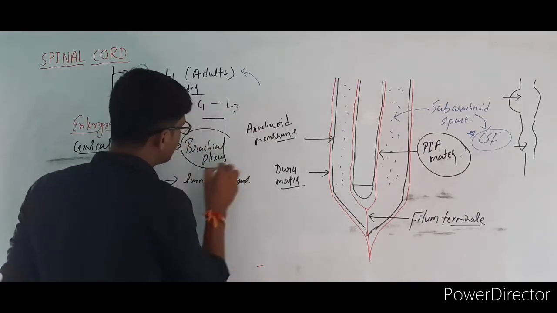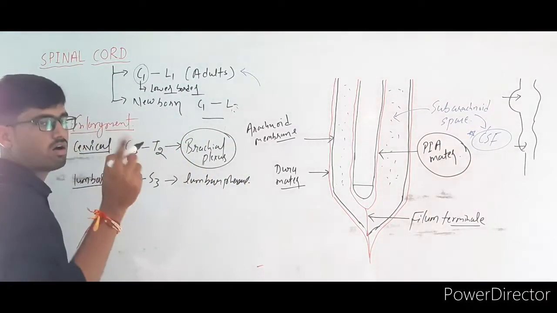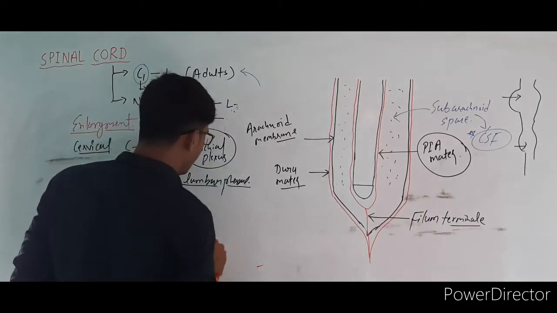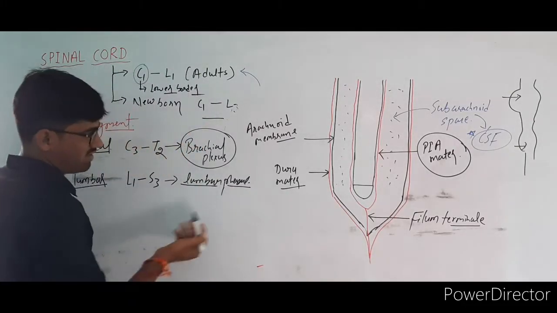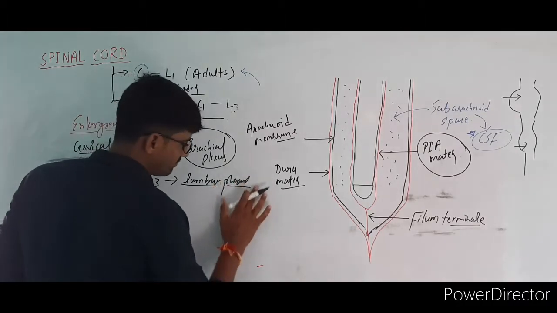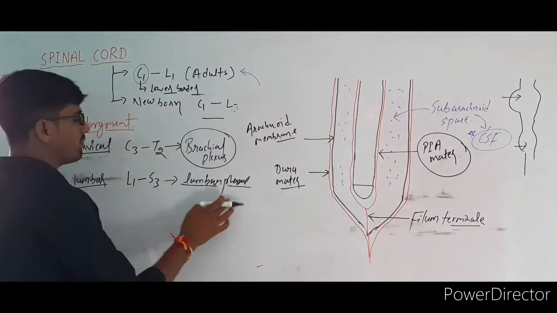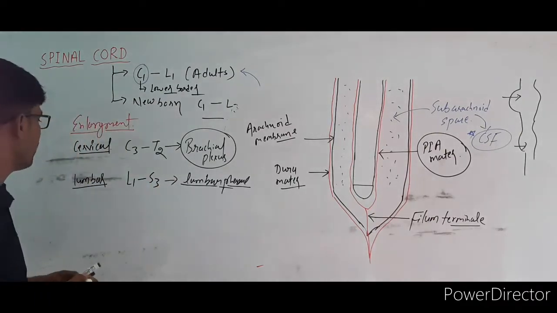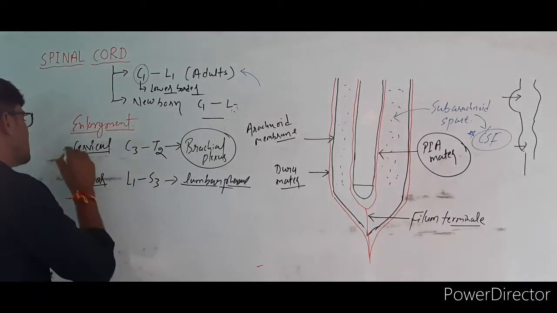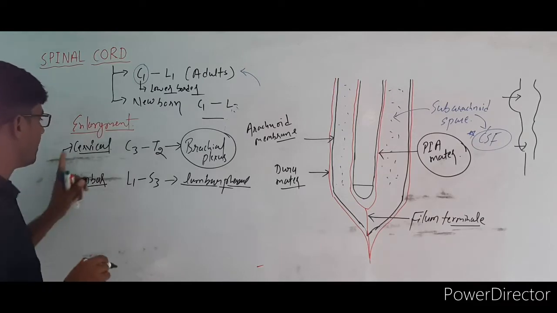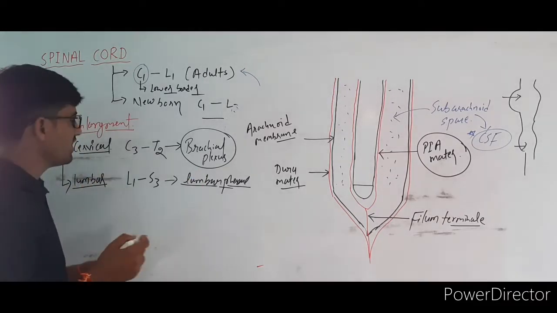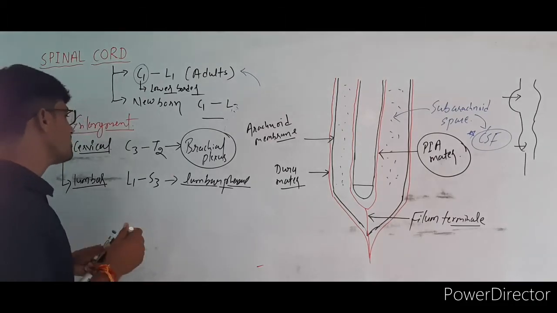This brachial plexus you will read in the upper limb, and this lumbar plexus you will read in the lower limb in some books, but in the abdomen also, in the osteology, it is given. So two times it is enlarged, one in the cervical part and one in the lumbar part, to give the brachial plexus and the lumbar plexus. This is very important.